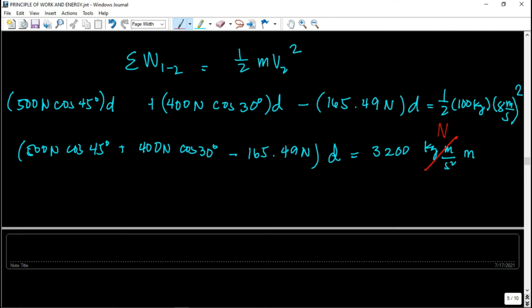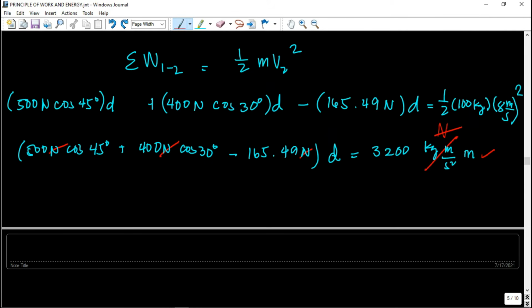And of course the newtons will cancel out on both sides of the equation, since both have newtons. The remaining unit is in meters, which satisfies the unit of distance, a unit of length.